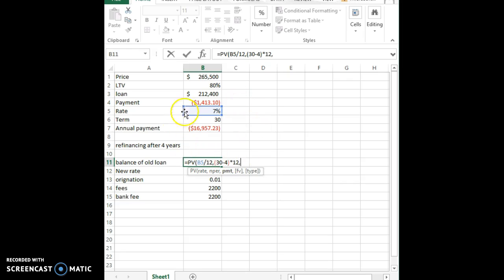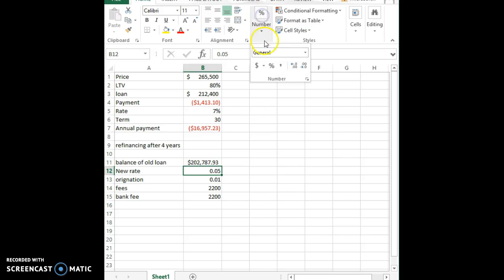Next is the payment, which is $1,413.10. Then we close it and we should receive $200,787.93. I'm only going to make this look sort of pretty.